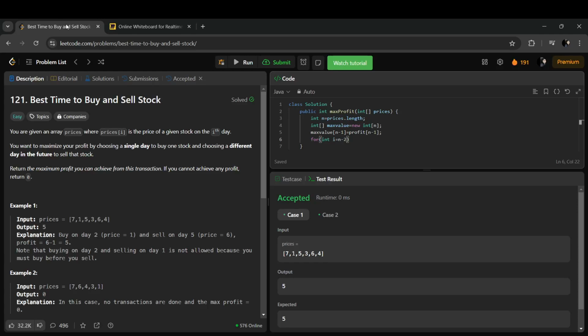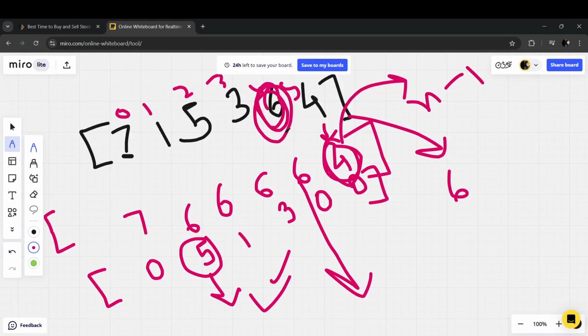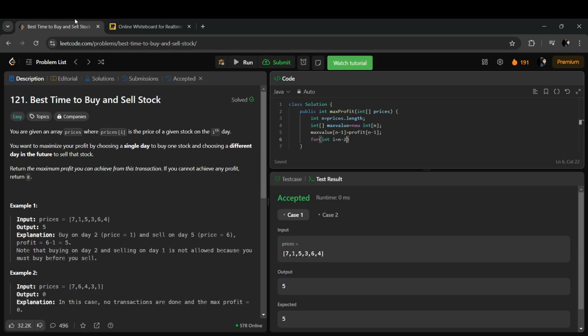After that you will be comparing it with your max value which is here. If this is i, we will be comparing it with your i plus 1 value. Like that we have to compare it. Now i is greater than 0 and then i minus minus.